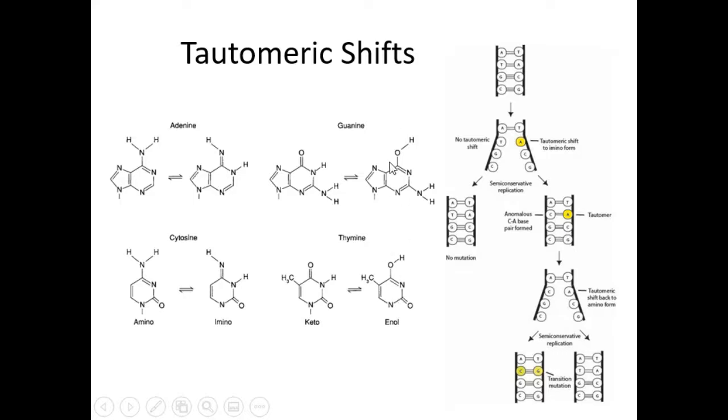Once they shift to this different configuration, we call it tautomerization, when they form the complementary sequence.